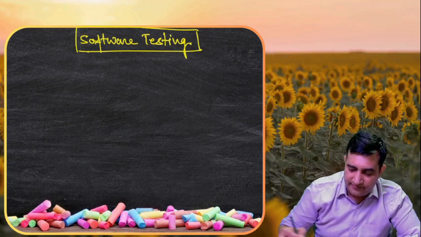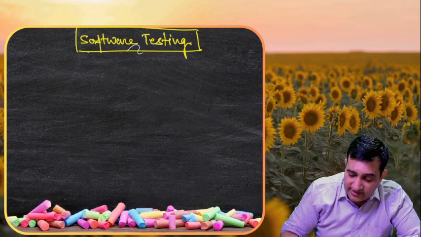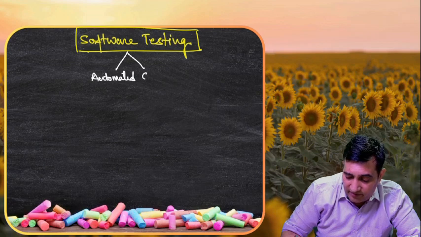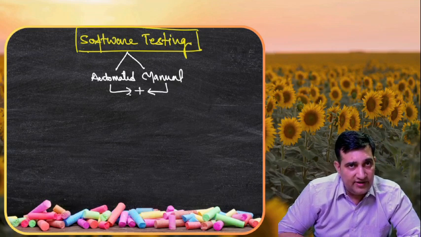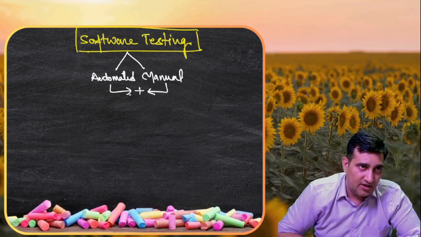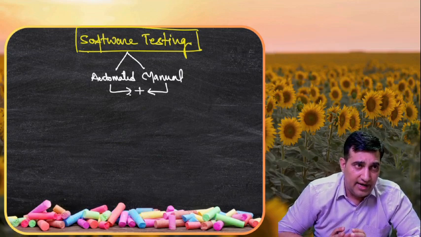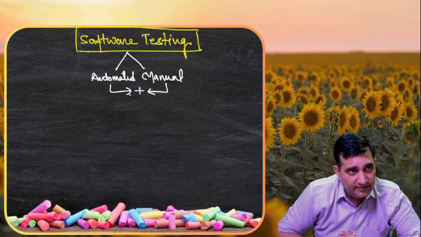Now, second thing, software testing can be automated and it can be manual as well. Basically, it's a practical fusion of both these approaches. It is automated as well as manual, because in many cases you have to do manual code review, and in many cases there are very smart tools coming nowadays which we integrate in testing a particular software.